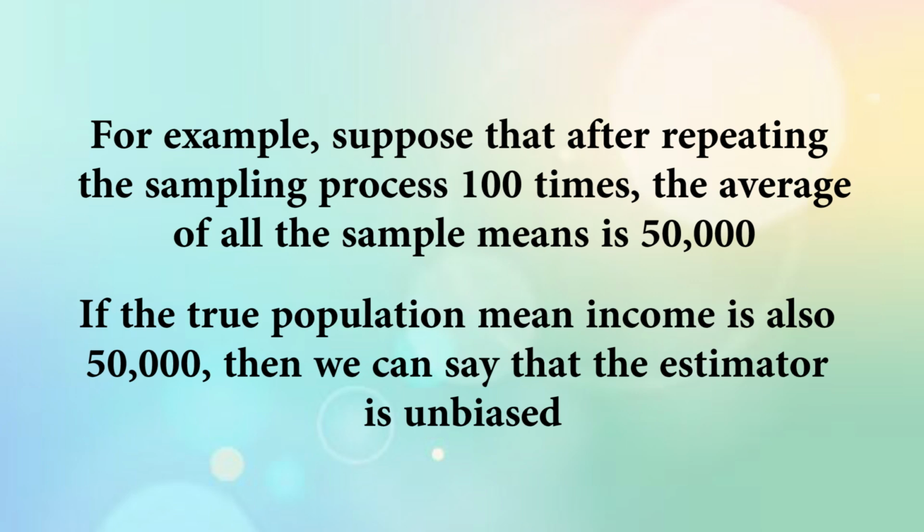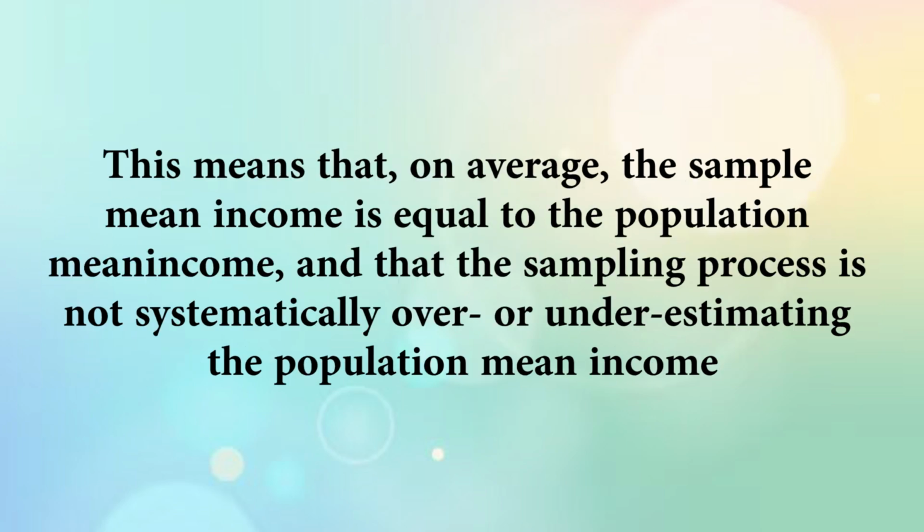If the true population mean income is also 50,000, then we can say that the estimator is unbiased. This means that on average, the sample mean income is equal to the population mean income, and that the sampling process is not systematically over or underestimating the population mean income.